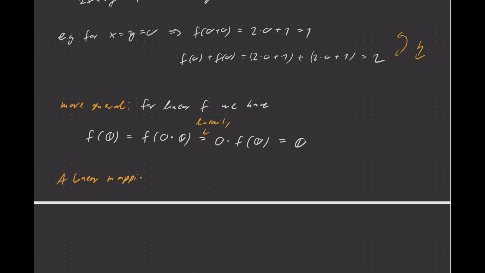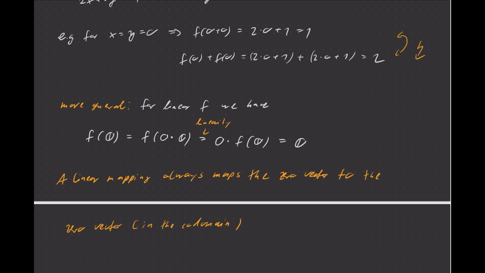So a linear mapping always maps the 0 vector to the 0 vector. And then in the codomain, yeah? So those two 0 vectors might be different vectors.